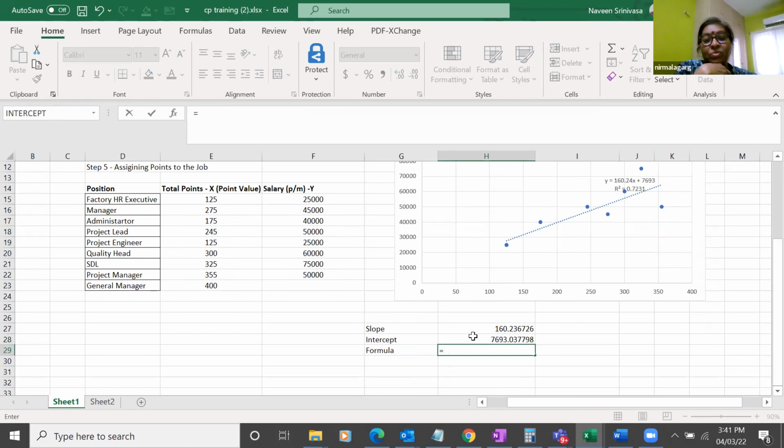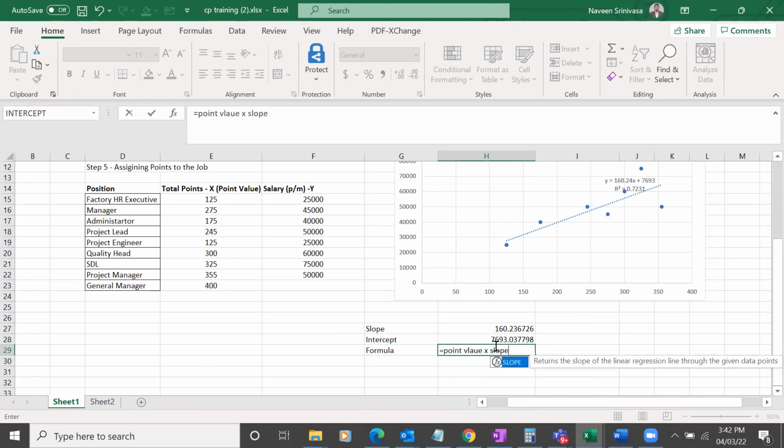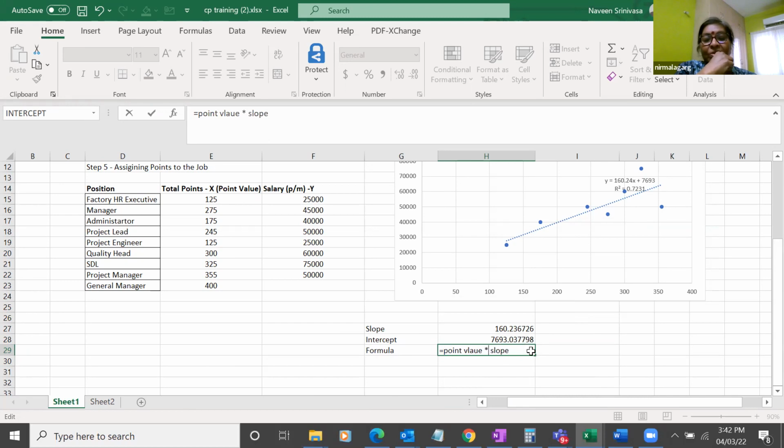Point value will have different values for every position. So point value multiplied by slope, with a star sign, plus intercept.